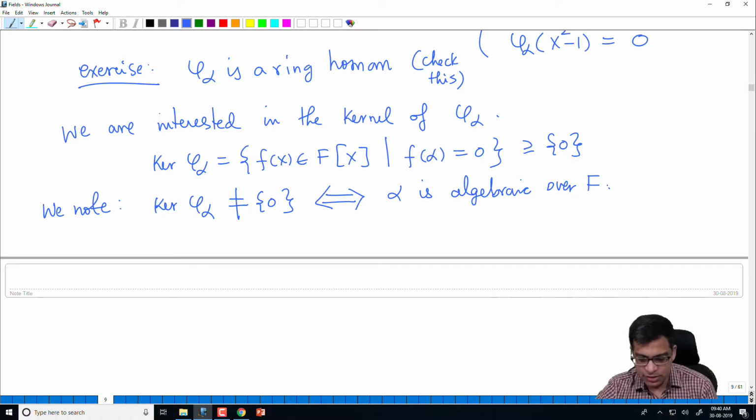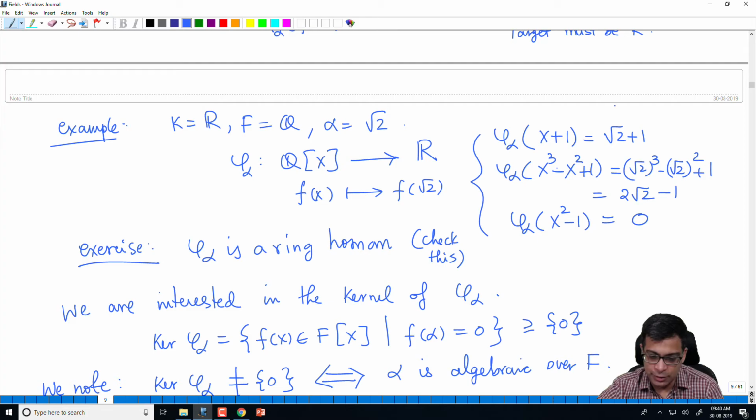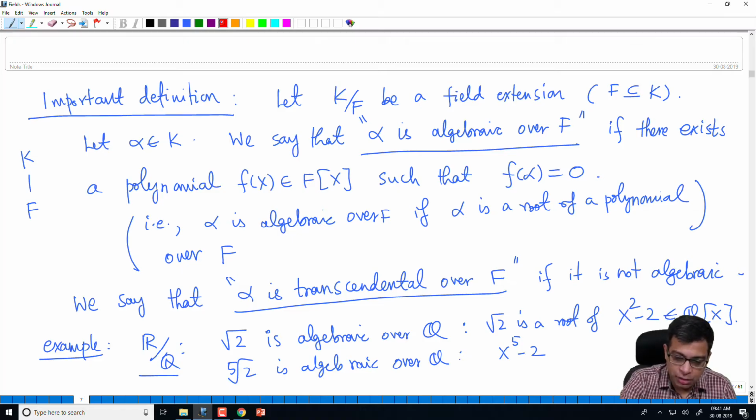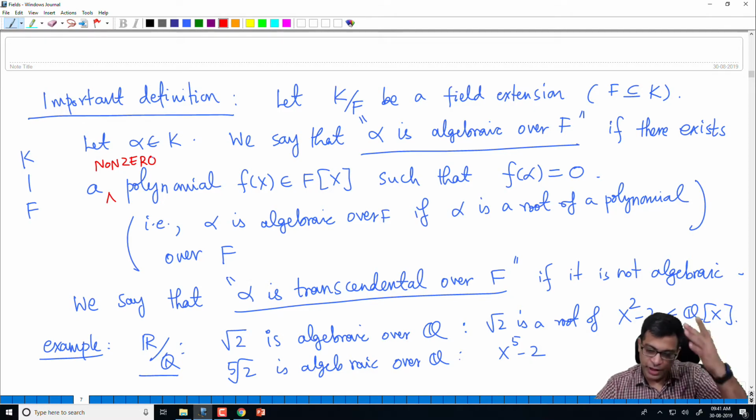So now I am just thinking that I may have omitted this when I talked about algebraic elements, that I should have said here. We say that alpha is algebraic over F if there exists a non-zero polynomial. That must be mentioned, right? It's very important because otherwise every element will be algebraic because you can always take the 0 polynomial.